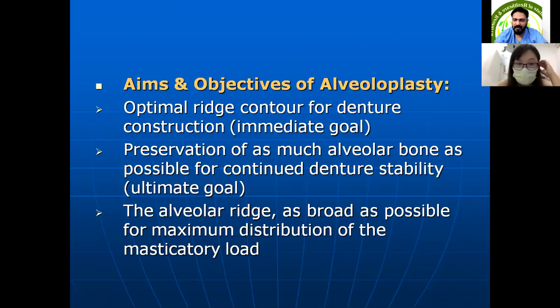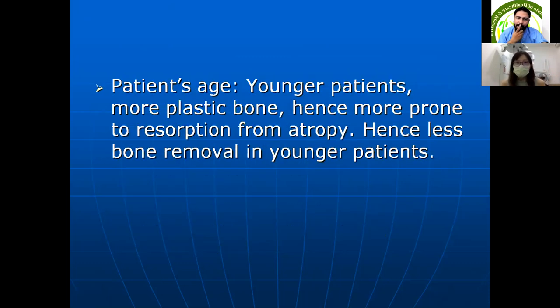Immediate goal, what is our immediate goal? Preservation of as much alveolar bone as possible for continued denture stability. The alveolar ridge as broad as possible for maximum distribution of masticatory load. In younger patients, more plastic bone is there, hence more prone to resorption from atrophy.